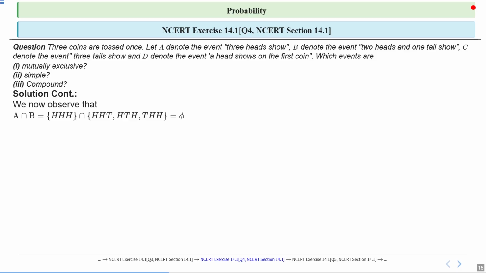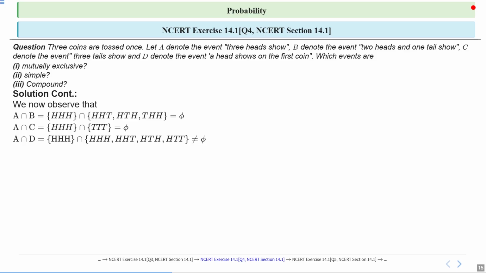Clear? Similarly, A intersection C is also phi, because there is no common element in A and C.